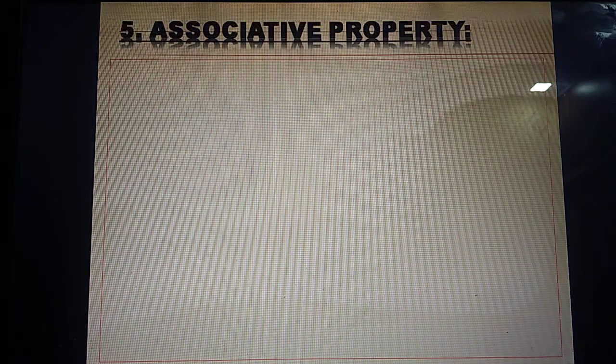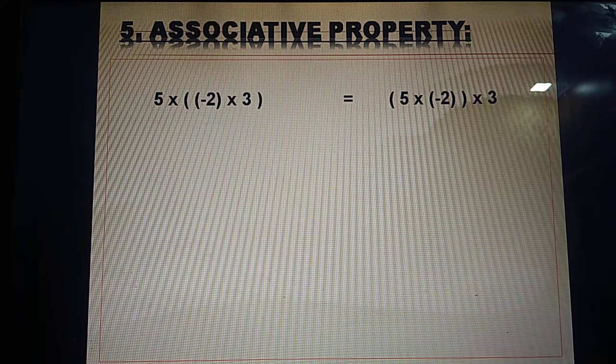Next property is the associative property. Here we will consider three integers and just change the order of multiplying them. On the left hand side, first you multiply minus 2 and 3, you will get minus 6. Now you multiply minus 6 by 5, you will get minus 30.